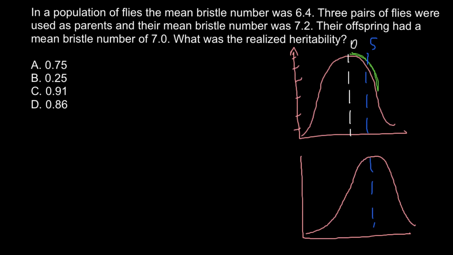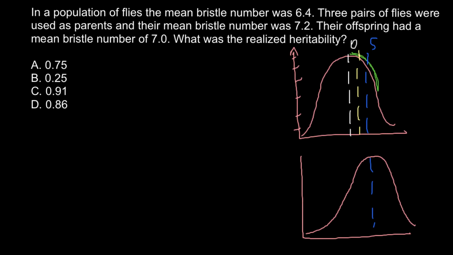So this is not something that happens in real life, and in real life the new mean of the following generation, the F1 generation, would be over here, between the mean of the original population and the mean of the selected parents.